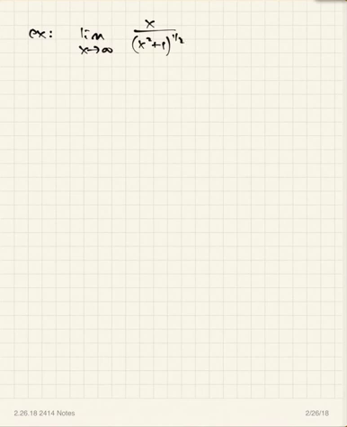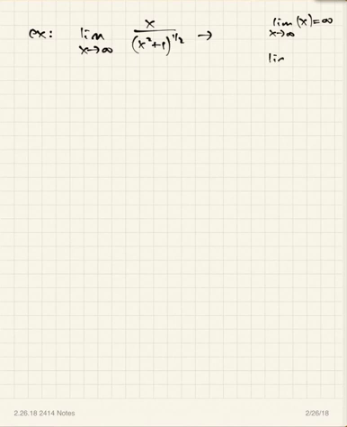So remember, L'Hopital's rule does work for limits at infinity also, if you have the right indeterminate form. But if x is getting large, what I want you to notice is that certainly the numerator gets large, right? The limit as x goes to infinity of x is certainly infinity.